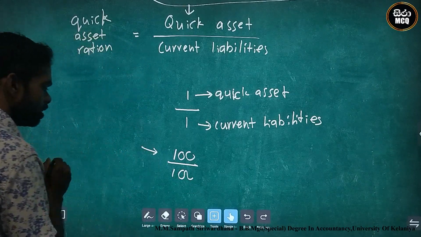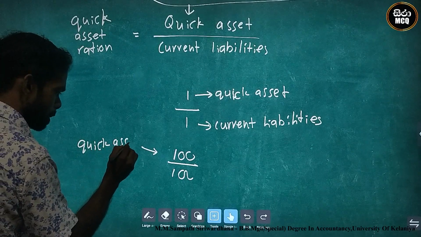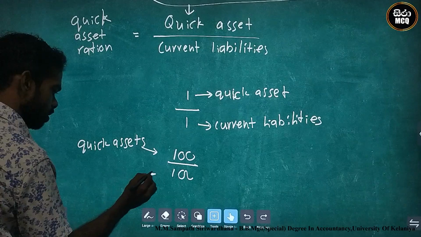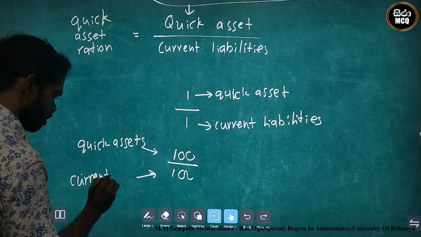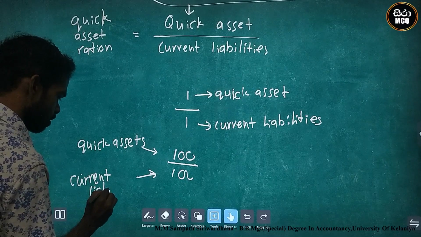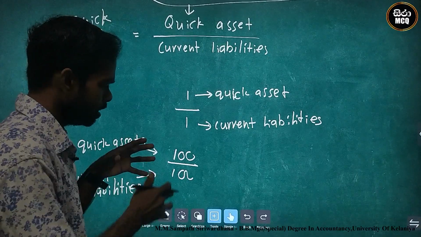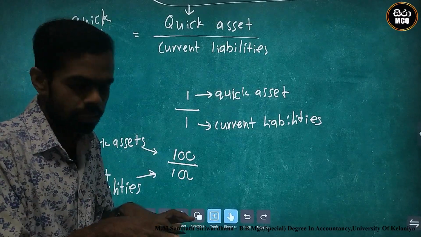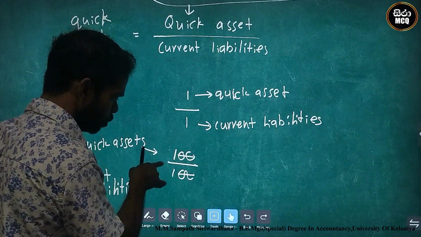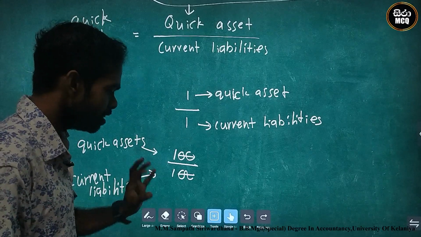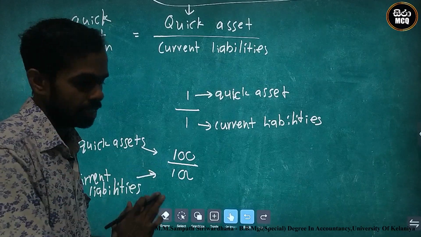The upper part is quick assets and the lower part is current liabilities. The currently calculated quick asset ratio is 1 to 1. This is the current situation of the quick asset ratio.